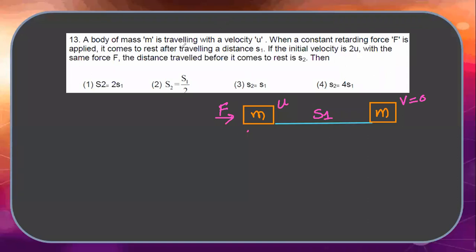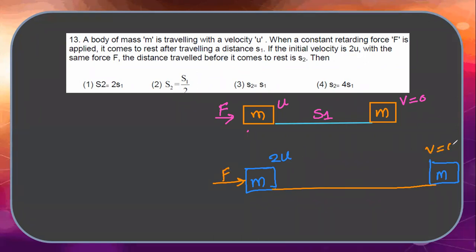In the second case, the block of mass m moves with double the velocity, and the same force F is applied on it. Then the final velocity will be 0 in this case also. Distance moved is taken as s2. What is this distance they have asked?